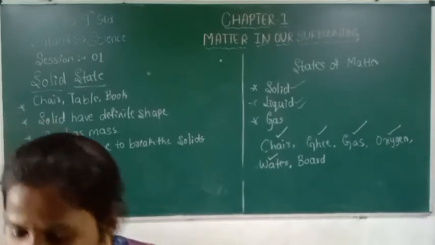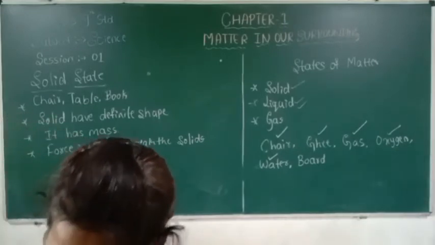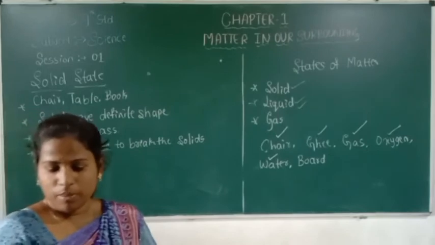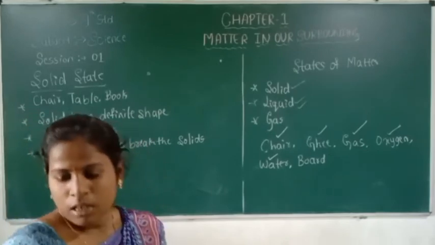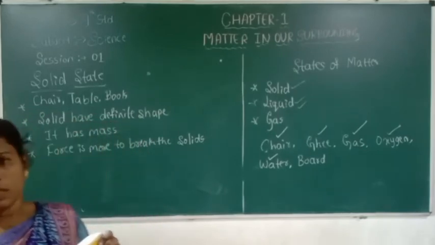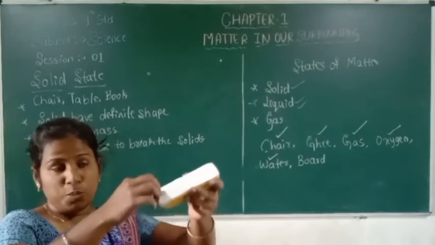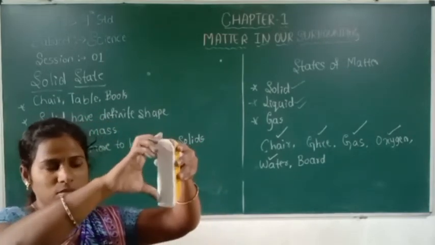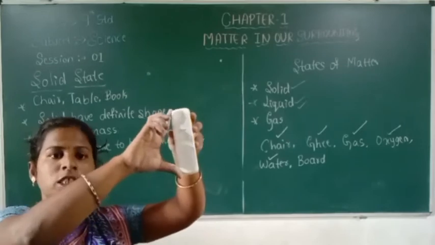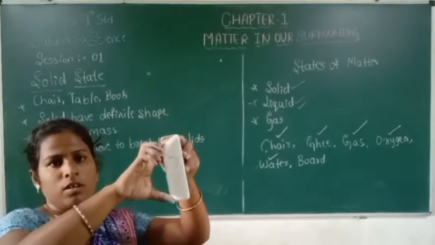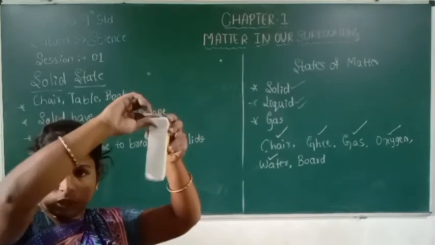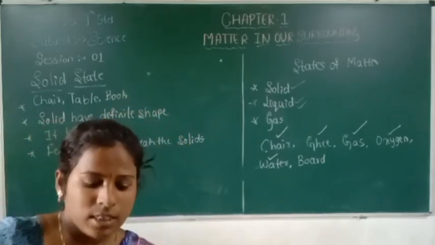So now this duster and this sponge, can you see this? This sponge is compressed here. Can we compress this sponge? Why is it happening?